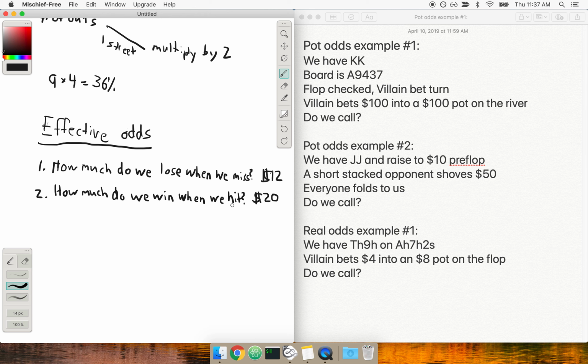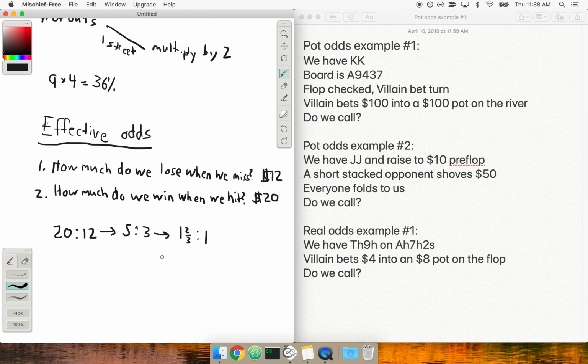How much do we win when we hit versus how much do we lose when we miss? So now we can say that our effective odds are 20 to 12. And that's going to reduce, I think, to 5 to 3. And then if we want to make that into something to 1, that's going to be 1 2/3 to 1. So these are our effective odds, 1 2/3 to 1.